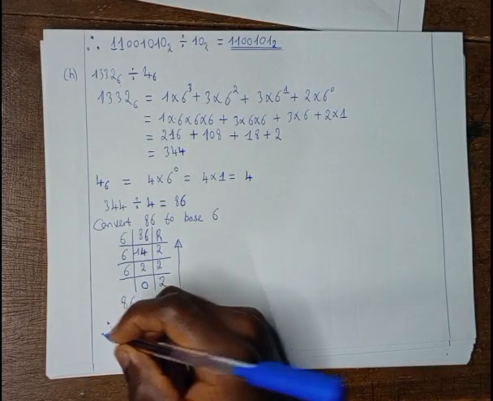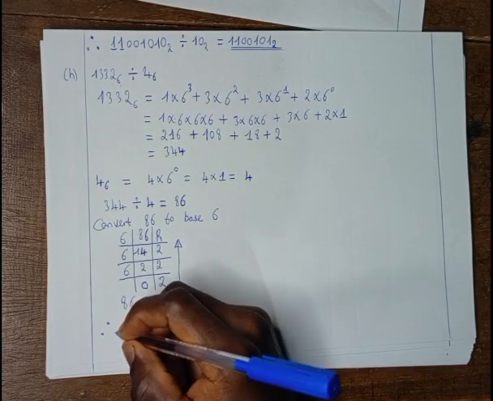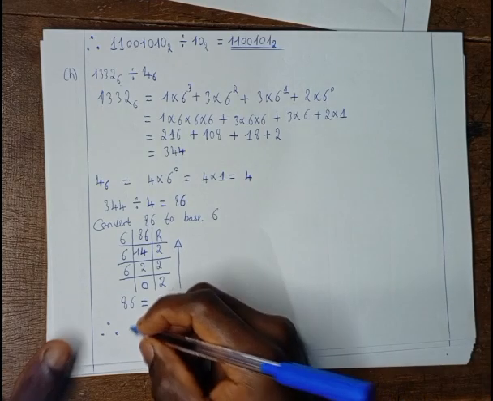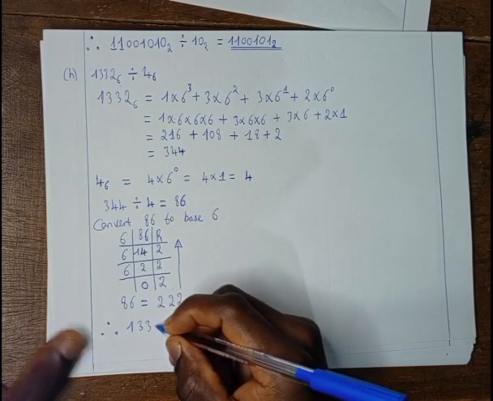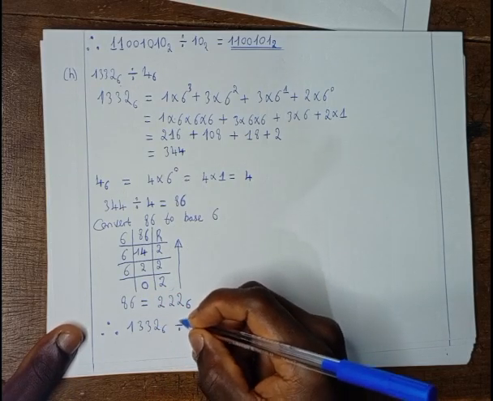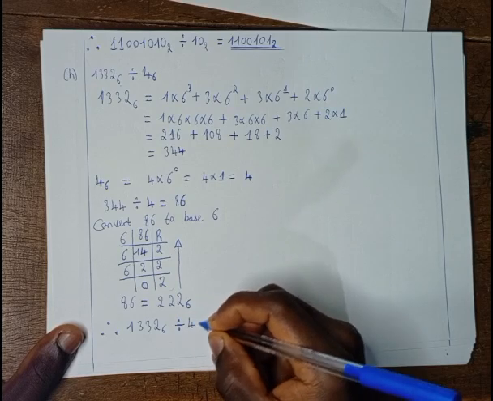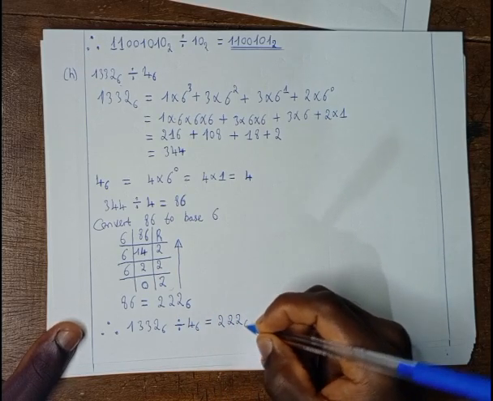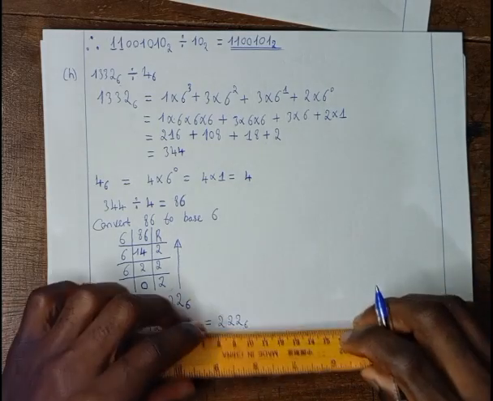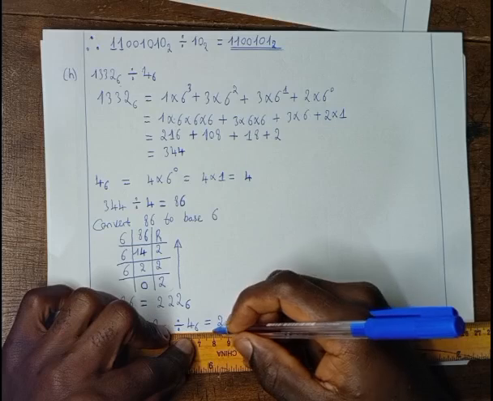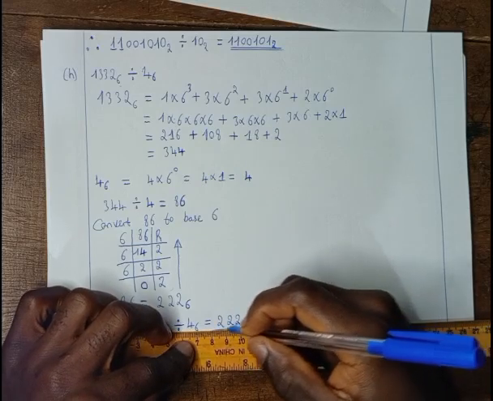Therefore, we conclude, therefore 1, 3, 3, 2 in base 6 divided by 4 in base 6 is simply equal to 2, 2, 2 in base 6. We are done with the correction of the exercises.